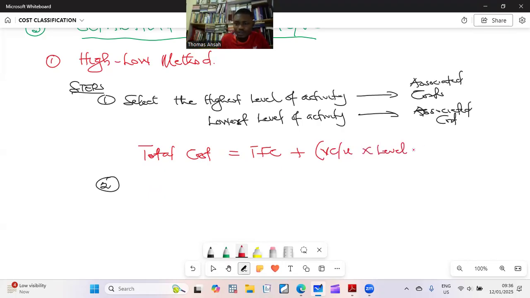That's how we can find the cost. As for total fixed cost, it is fixed. So the next thing we do in our step two is to calculate the variable cost per unit.